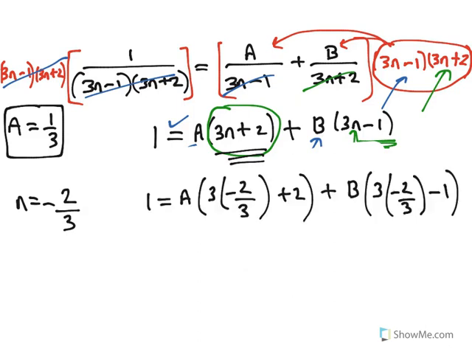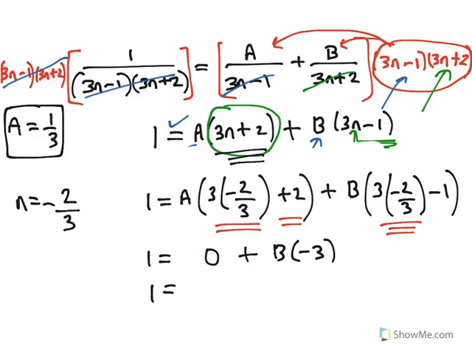So we substitute negative 2/3 for n in our basic equation, and when we do that, this is what we have. And 3 times negative 2/3 is negative 2. Negative 2 plus 2 is 0, so we have a times 0, which will be 0, plus b times 3 times negative 2/3 is going to be negative 2. Negative 2 minus 1 is negative 3.